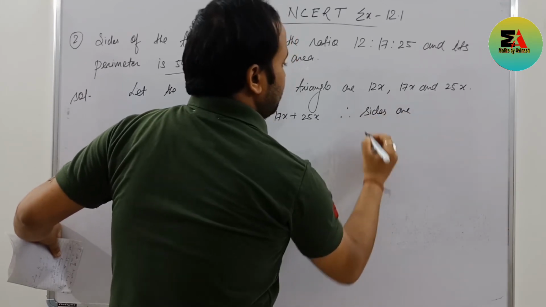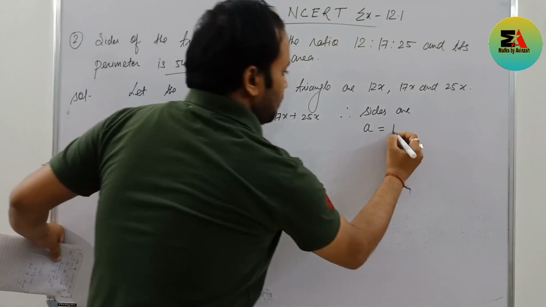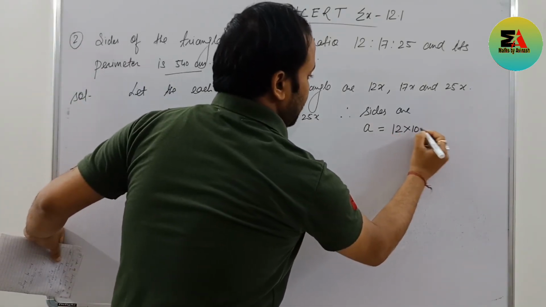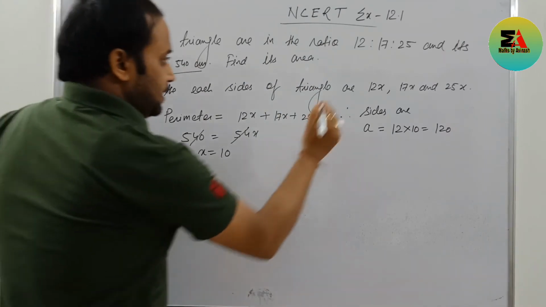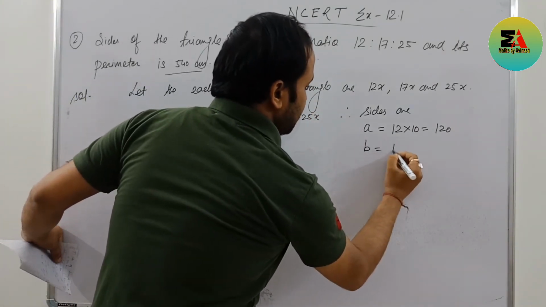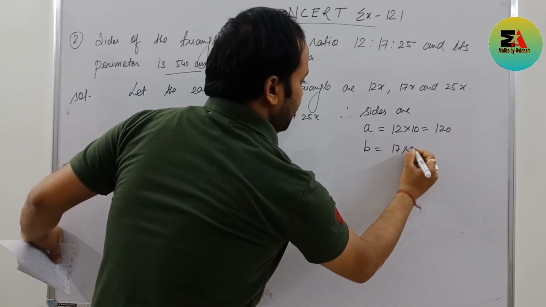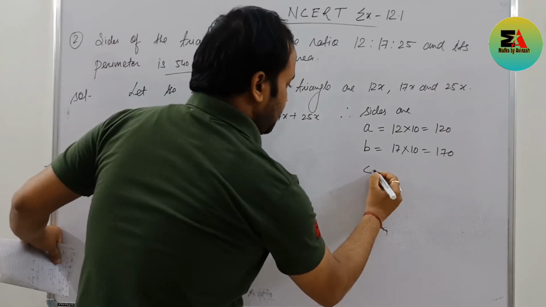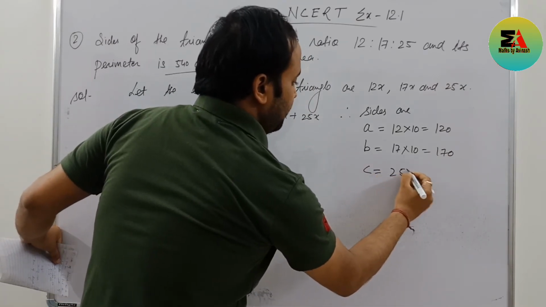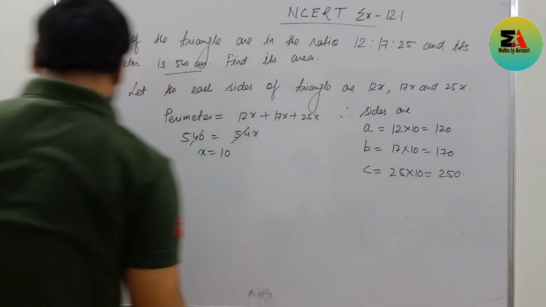Therefore the sides are: the first side is represented by a, the value of x is 10, so a is 120. Same as b is our 17x, 17 into 10, it becomes 170. The value of c will be 25x, 25 into 10, it becomes 250.